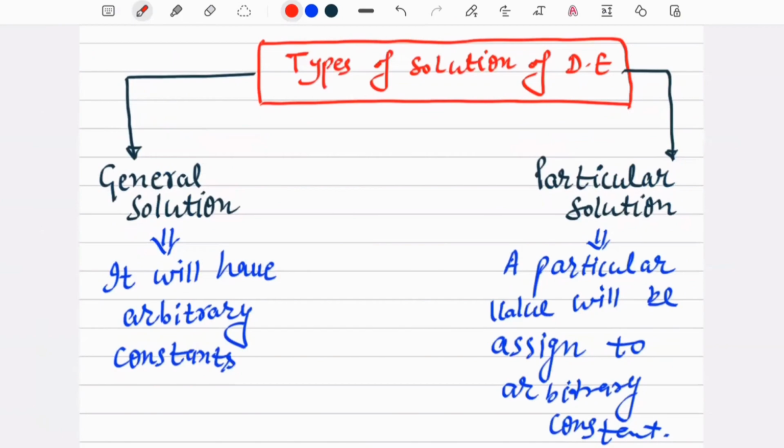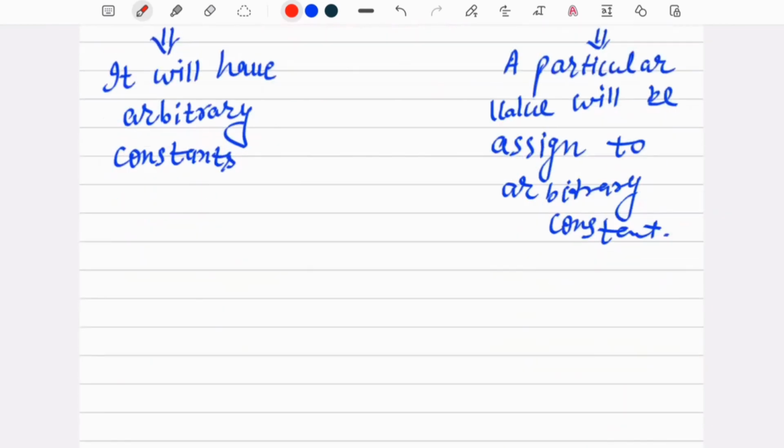Okay, so we can have some examples and then move to the exercise or the next concept if it is clear to you. I will start with a simple example.